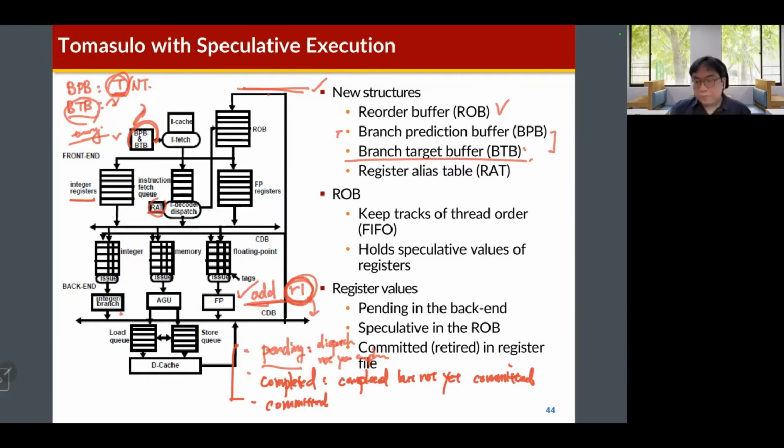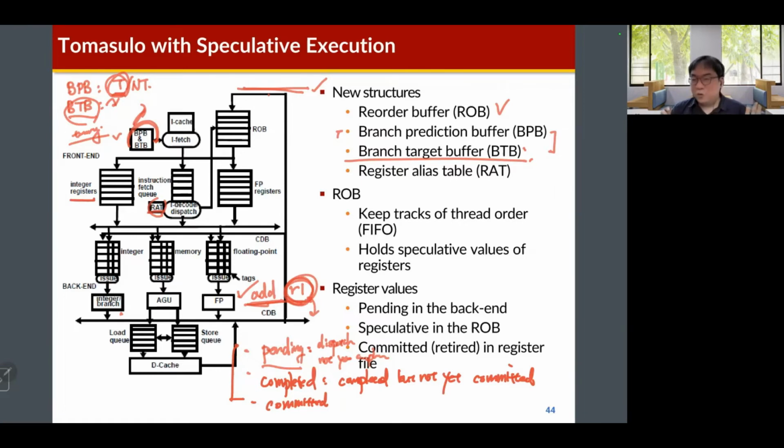Completed: execution of this register is completed, so the processor has known values for this register. But this value is not yet updated to the registers, which means this value is stored in temporary storage. This is the completed state.